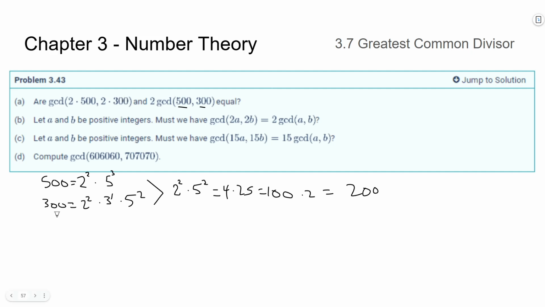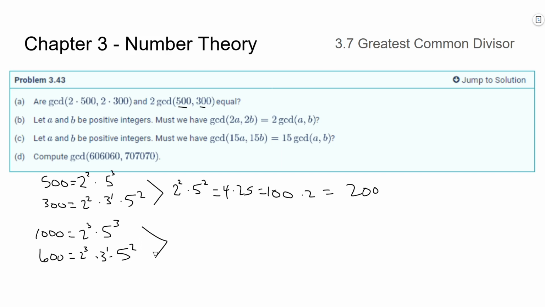Okay, so is that going to be equal to the GCD of 1,000 and 600? Let's see. So 2 times 500 would just be another 2. So 1,000 would be 2 times this, so 2 cubed times 5 cubed. And for 600, well, that would be 2 times 300, so another factor of 2. That would be 2 cubed times 3 to the 1 times 5 squared.